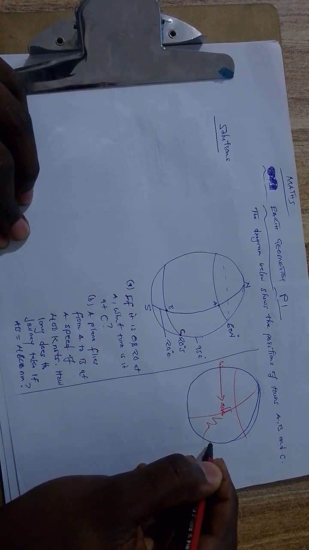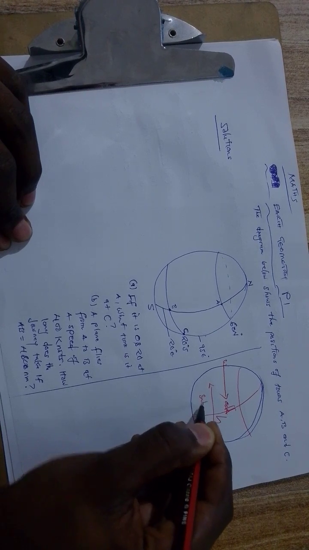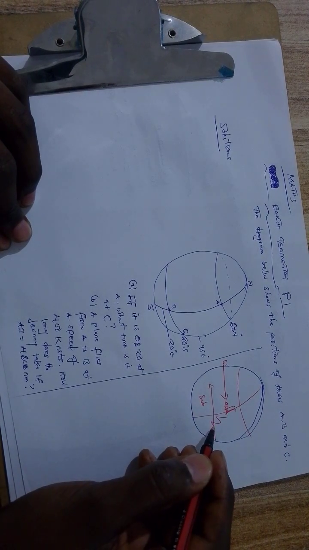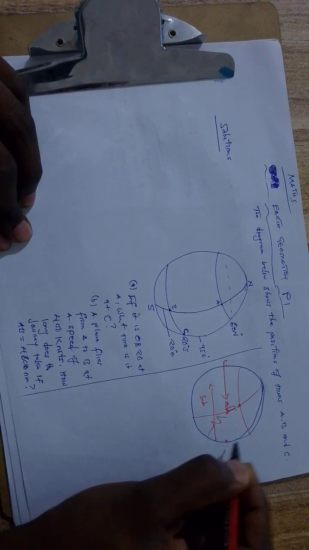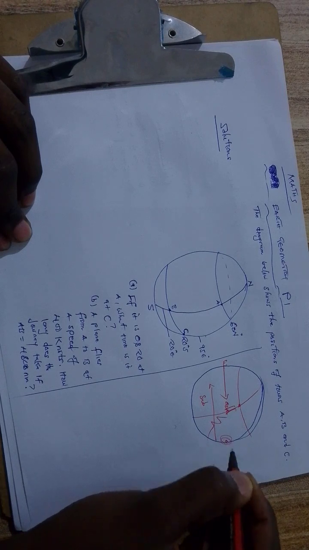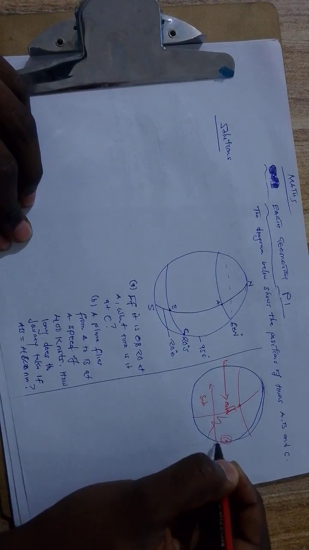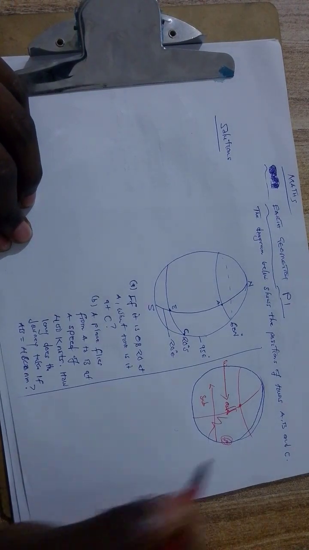Then from east coming to west, we need to subtract time difference. So if you're moving from here, coming to this point, we find the difference, then we add to find the time which was here. If you're moving the other way, you subtract the time difference.